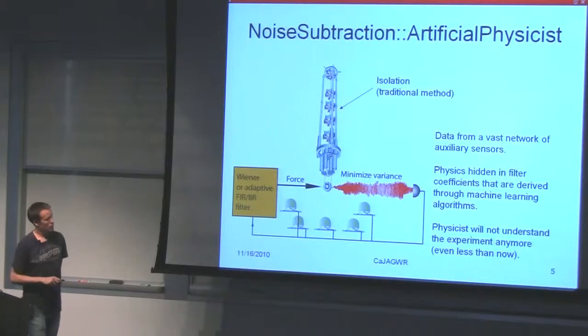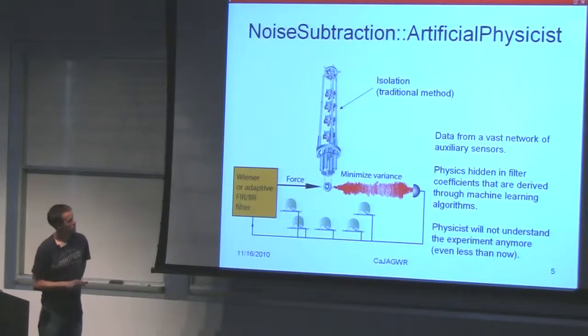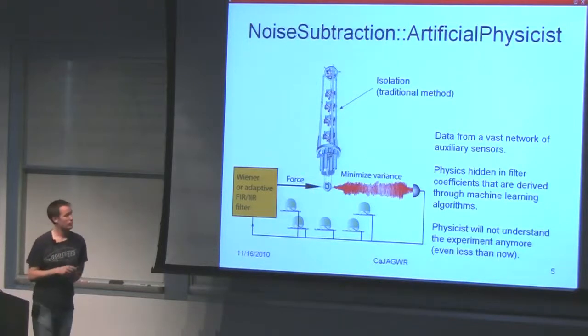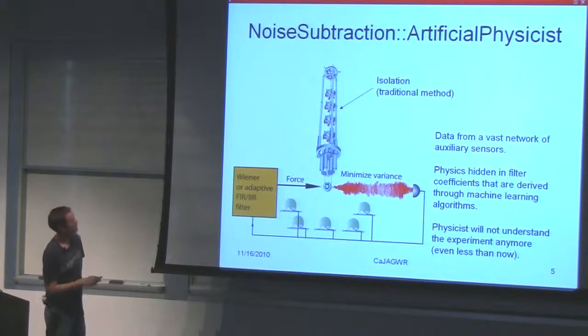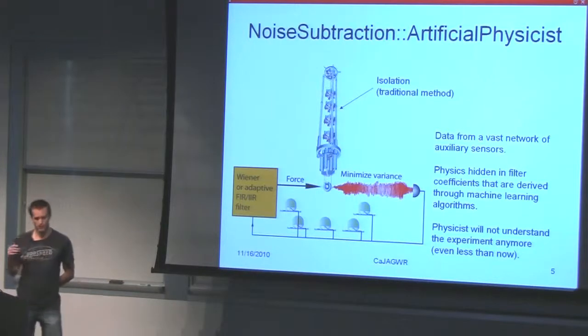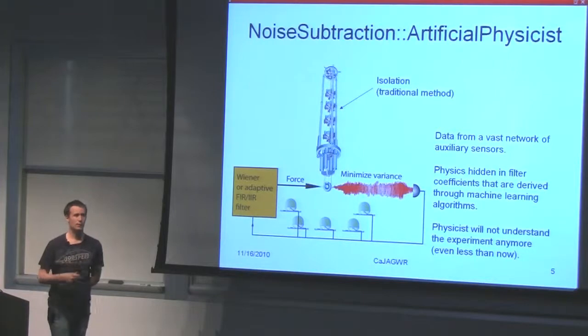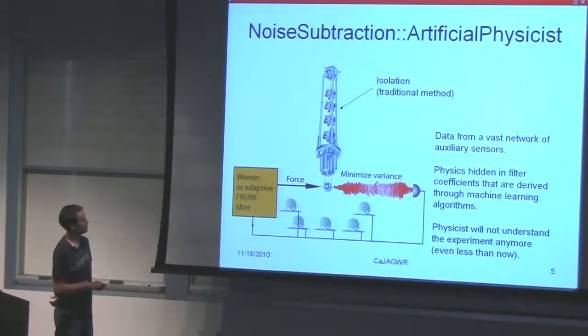Okay, so how does this work with the Newtonian noise subtraction? Concerning any other noise source, what we usually do is we try to isolate the test masses from any bad influence, and we try to idealize our system so that we always found a way to mitigate noise. But the Newtonian noise is a little bit different, because there is really no way to isolate the motion of the test mass from the gravity perturbations.